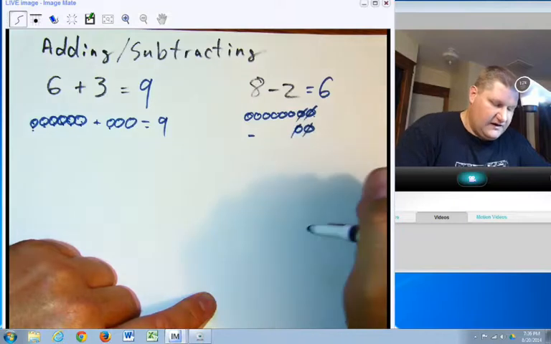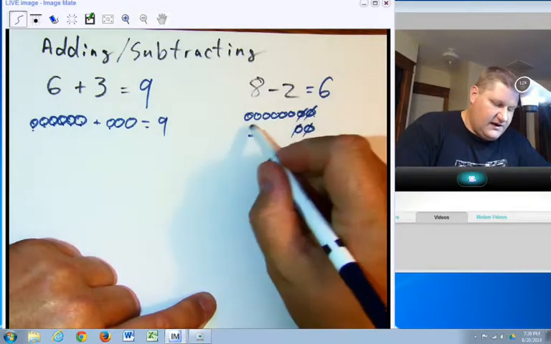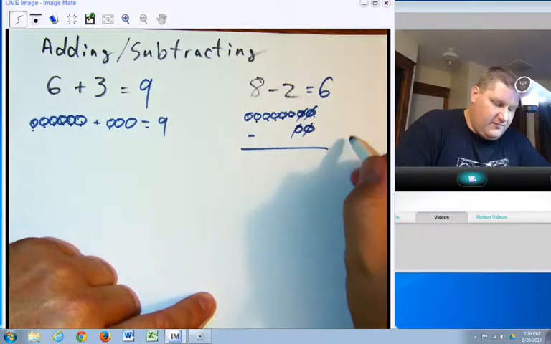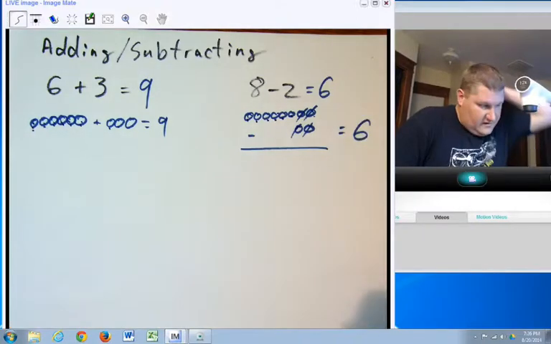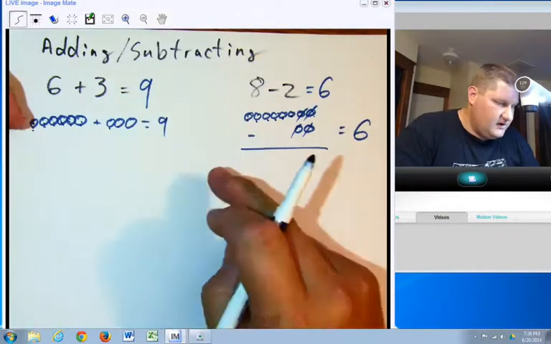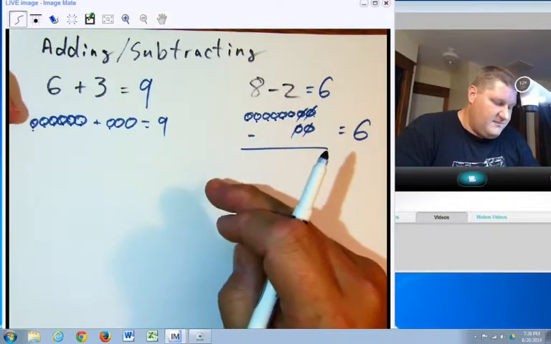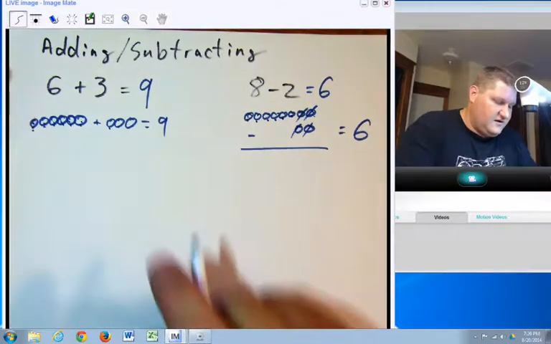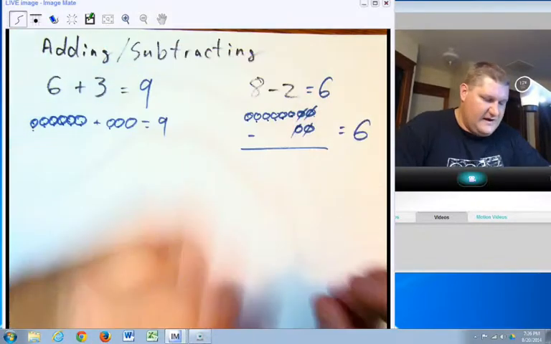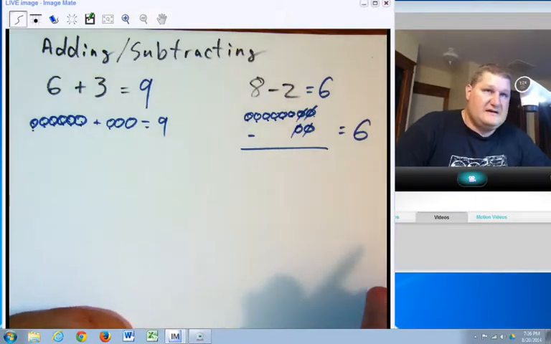Leaves 1, 2, 3, 4, 5, 6. So again, we come up with 6. So whether we're using our factors or whether we're using modeling, we still end up with 9 and 6, because we're combining here and we're taking things off here. So we have all of those pieces of the puzzle.